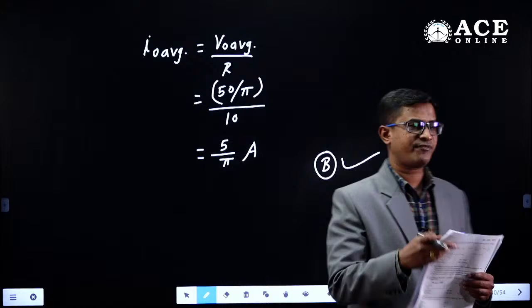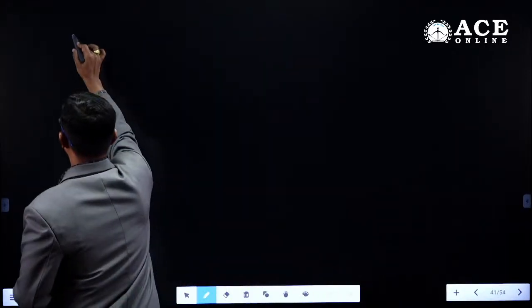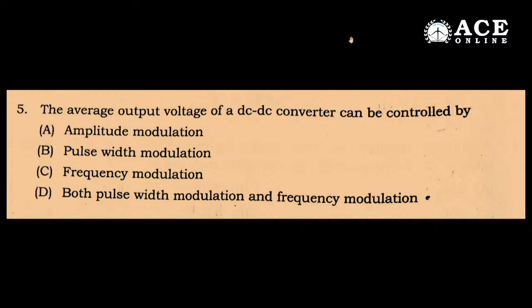Next, question number 5. Let us check. Yeah. This is a theory question. The average output voltage of a DC to DC converter can be controlled by, that is how to control the output voltage of the converter.